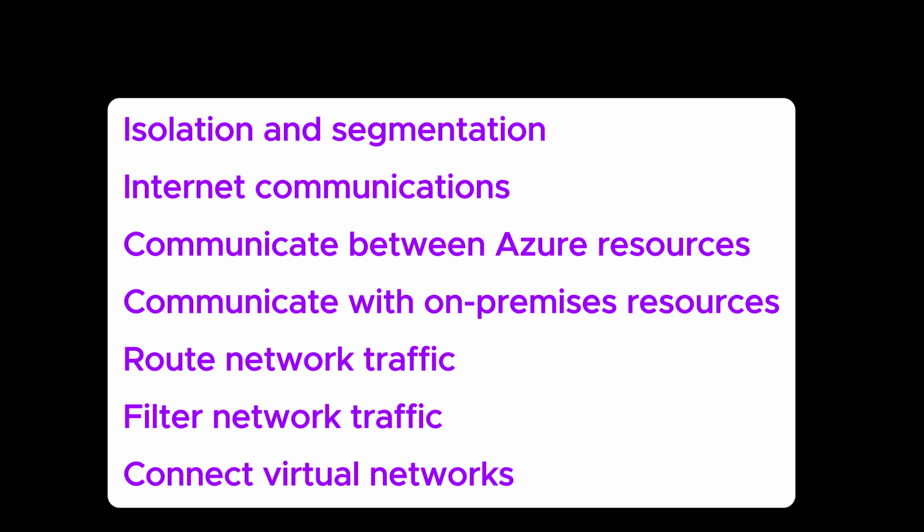Okay. Fourth one is communicating with on-premises resources. Let's suppose you have a virtual network, whether public or private, on the cloud, and you need to communicate with your on-premises resources. So, how can it be done? Let me explain.